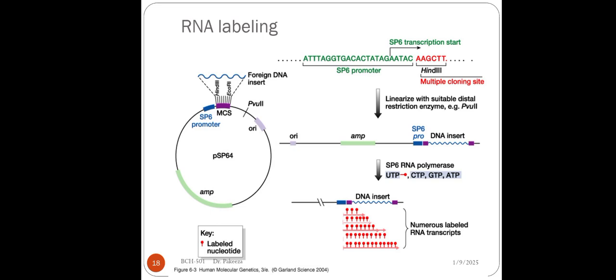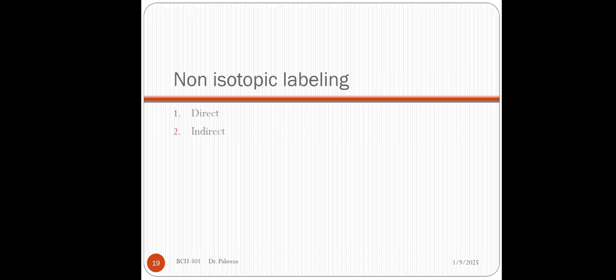Once your gene is inserted, you will use the specific RNA polymerase for this vector, which is SP6 RNA polymerase, and you will also provide the nucleotides for RNA synthesis, which are ribonucleotides, and among them it is the UTP which is labeled. So by the end of this experiment, you will have nested fragmented labeled RNA molecules which you can utilize for different purposes.